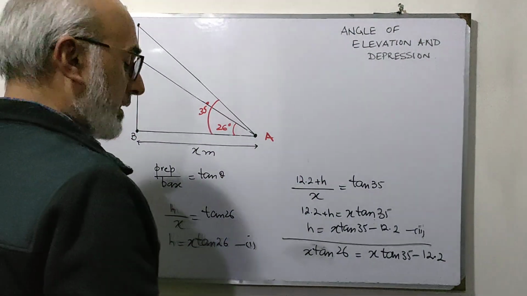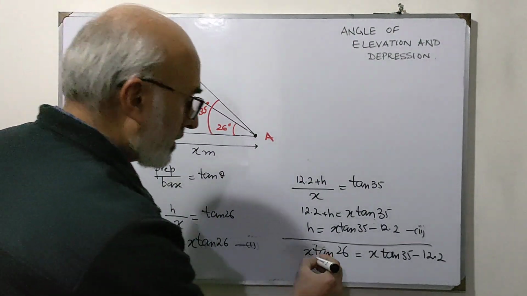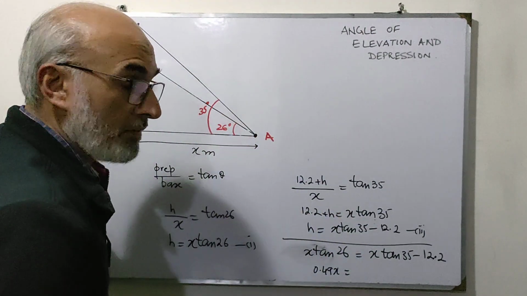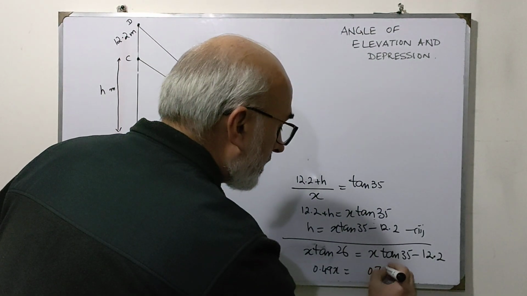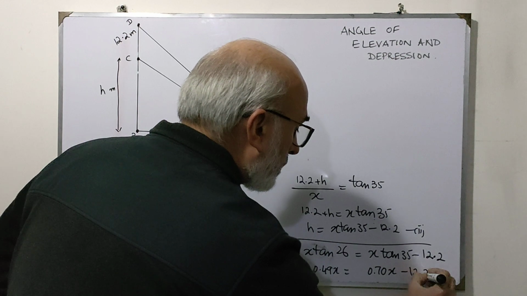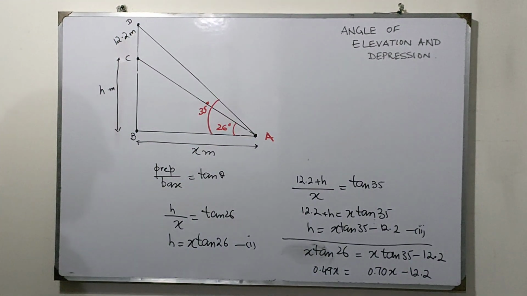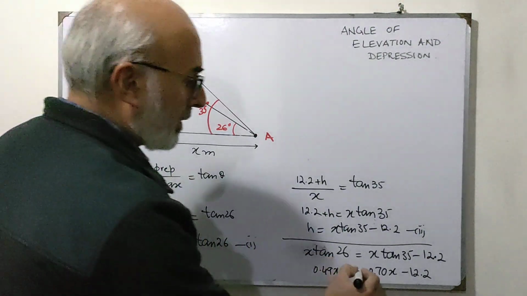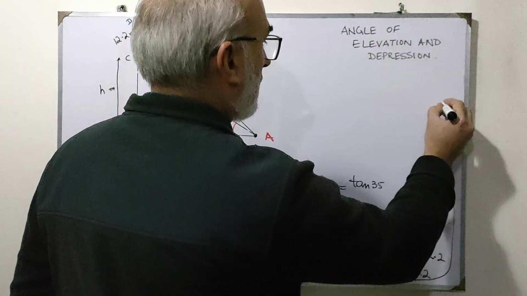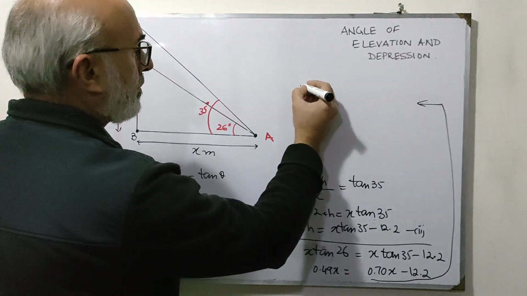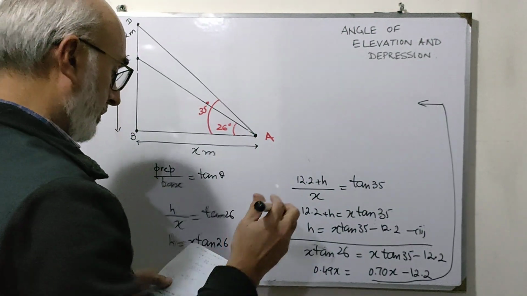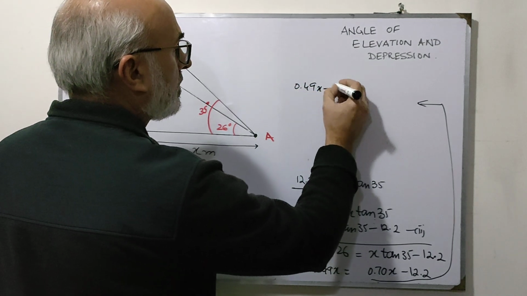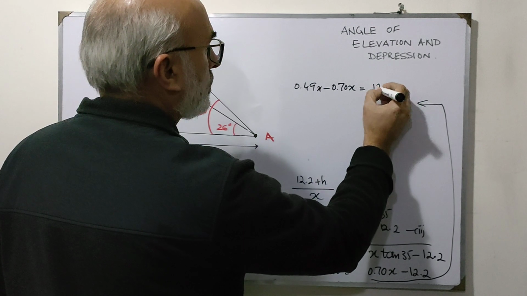Now tangent 26 is 0.49, and tangent 35 is 0.70, so 0.49x is equal to 0.70x minus 12.2. Coming here, it will be 0.49x minus 0.70x is equal to minus 12.2.